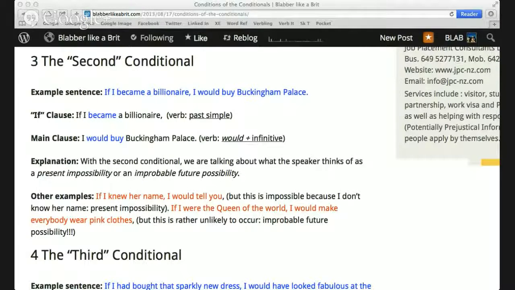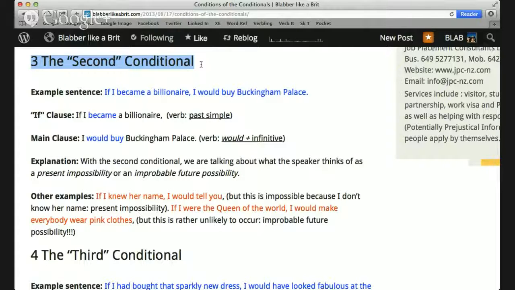Isaac, could you start reading for us, please? Just from here, number 3, the second conditional. Example sentence: If I became a billionaire, I would buy Buckingham Palace.